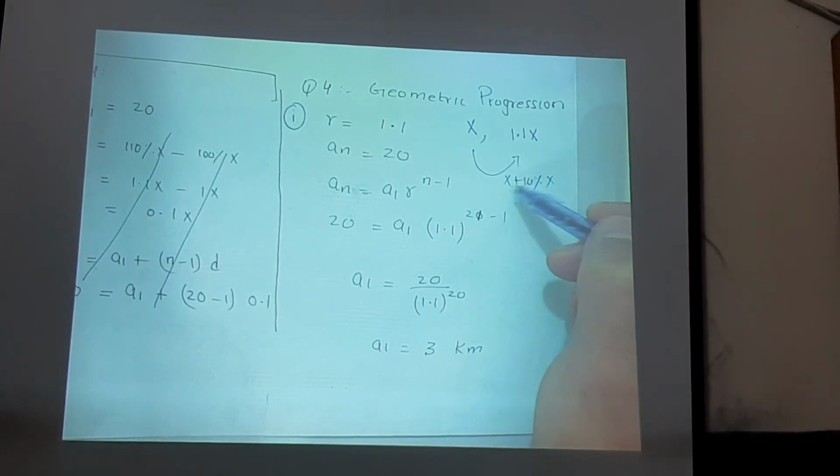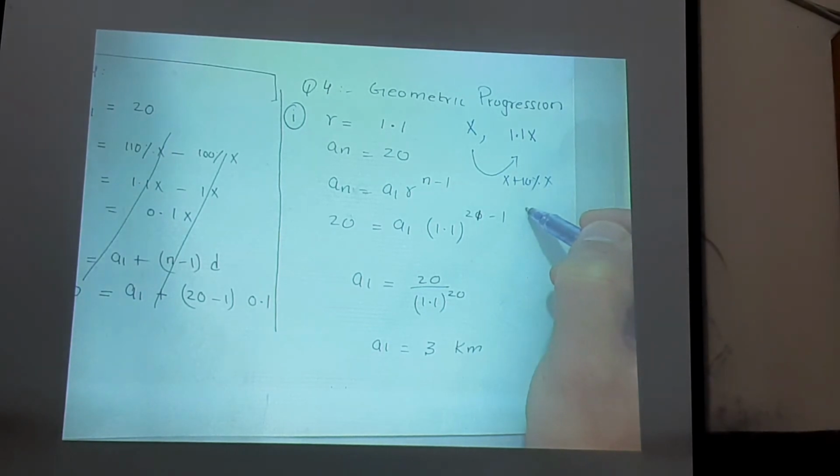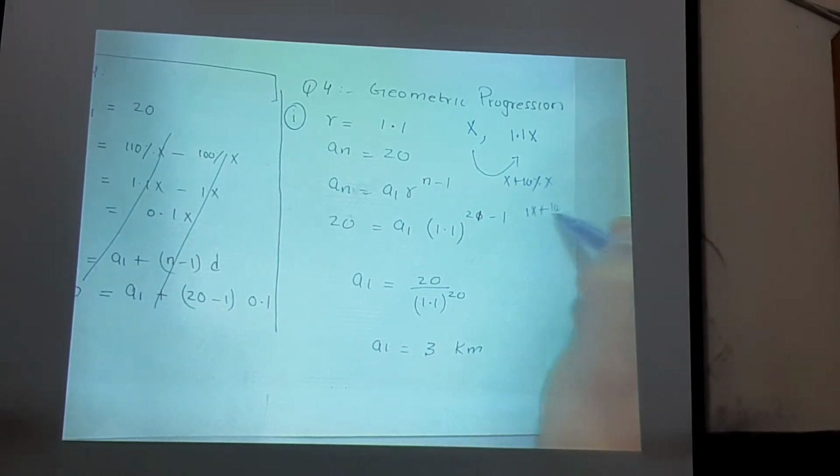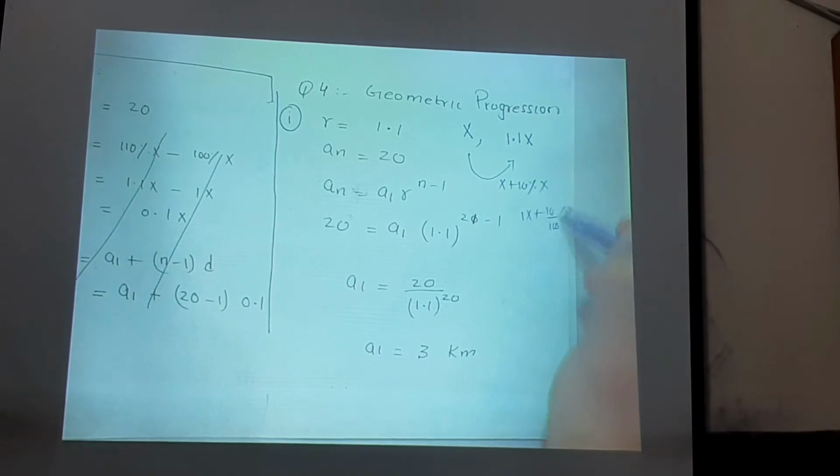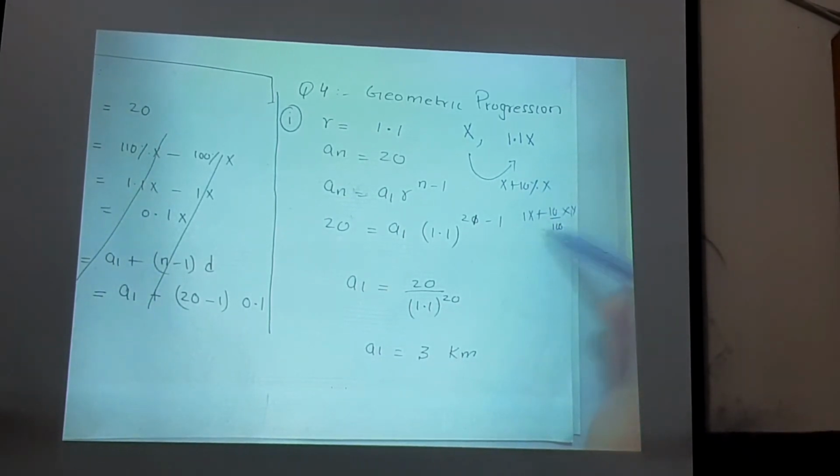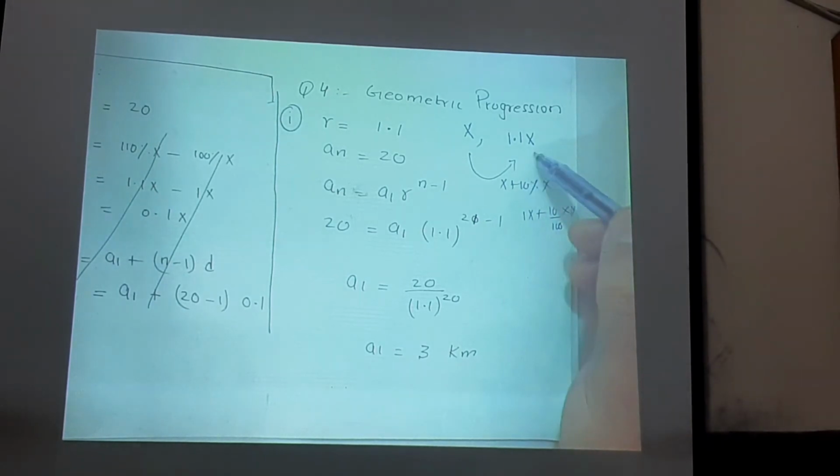So it will become 1x plus 10 over 100 x, which is 100x plus 10x, that is 110x over 100. So your answer will be 1.1x.